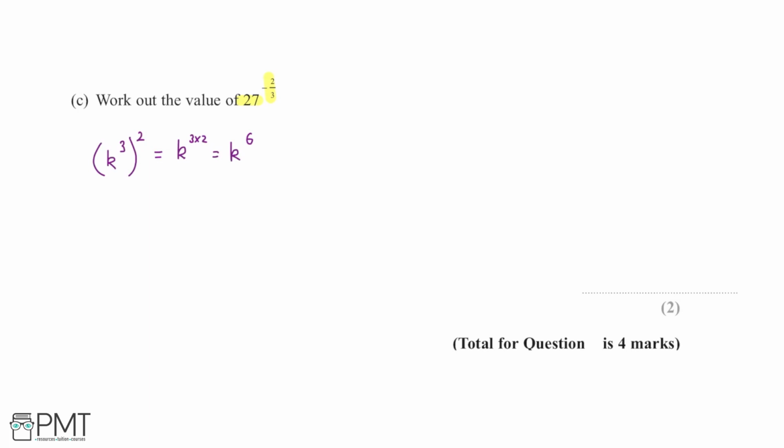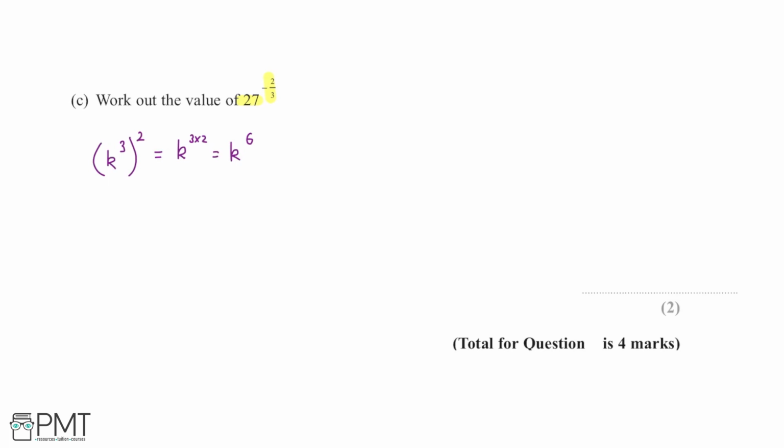Now this indice law is going to come in really useful here, because I can take this minus 2/3 and split it down into some easier to work with fractions and numbers, so that I can calculate the value of 27 to the power of minus 2 over 3.